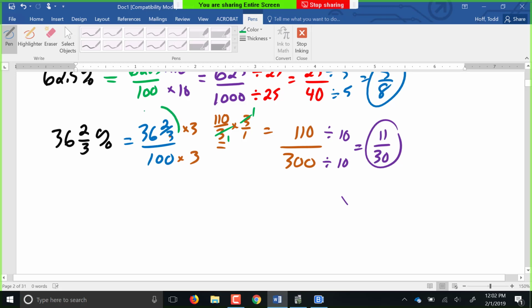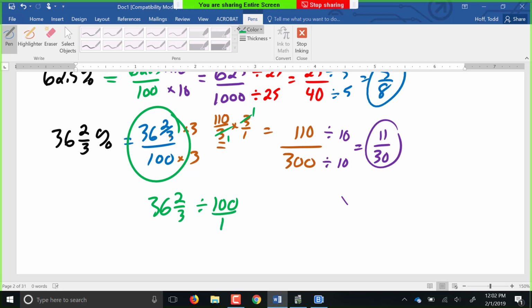The alternative, when we look at that, is just to treat it as a fraction division. 36 2/3 divided by 100. Remember we said fractions and division are kind of interchangeable. When we divide this out, it'll still be a fraction. So we're going to treat that as 100 over 1 so that we can divide it. 36 2/3, again, 36 times 3 is 108, plus 2 is 110, so that's 110/3.